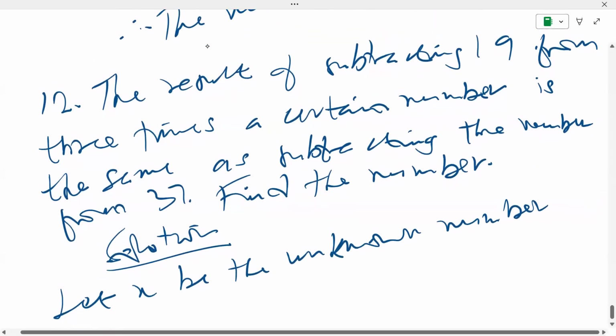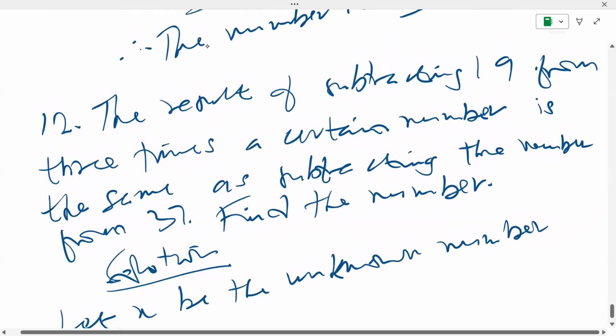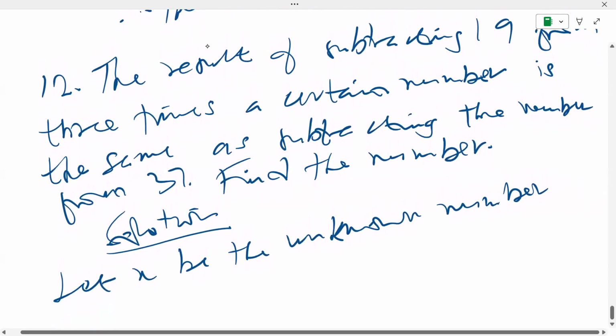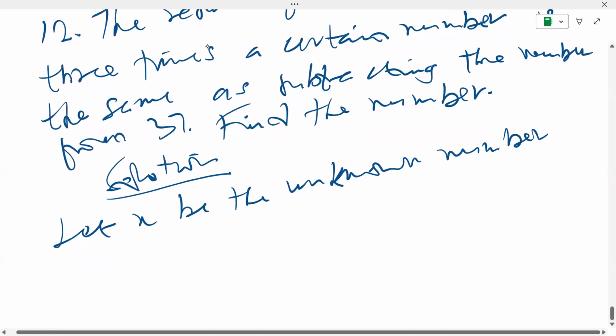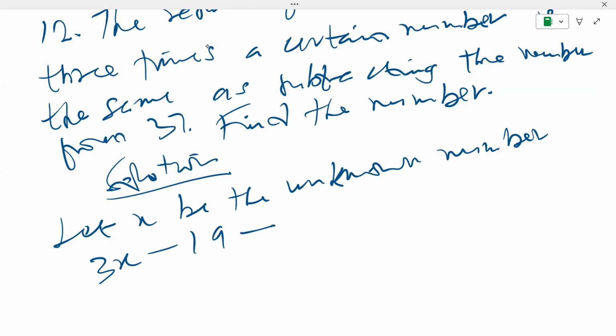So from the question, it says the result of subtracting 19 from 3 times a certain number is the same, so equal sign, as subtracting that same number from 37. So we've been able to translate the sentence into a mathematical statement.